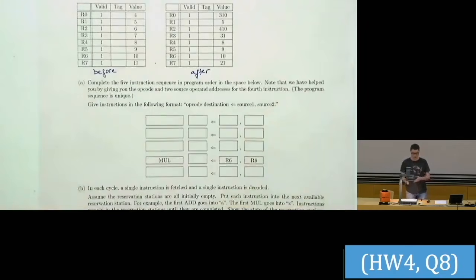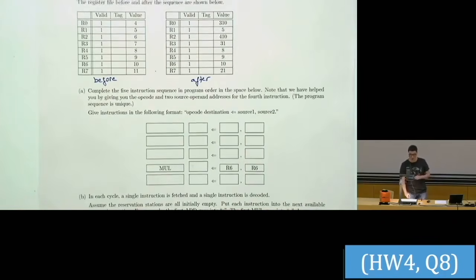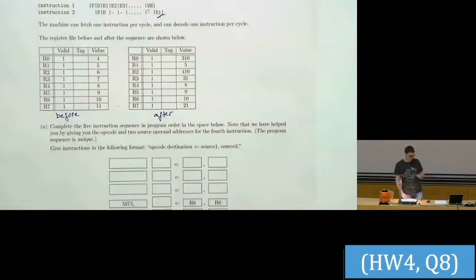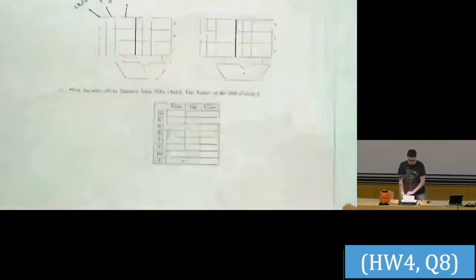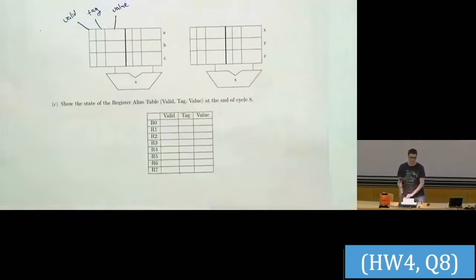Basically, the decoding operation here consists of allocating an entry and filling the entry in the register alias table. So you also update the register alias table, but you also update the reservation stations, right? So I can show you how it looks here. Probably this will remind you of the slides you saw in the class.